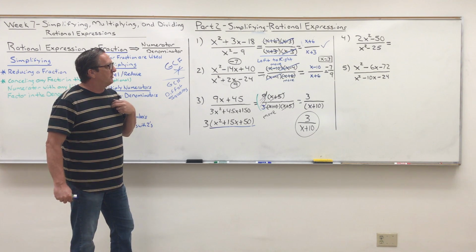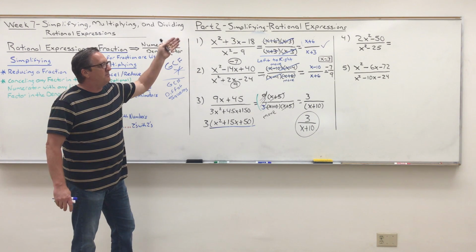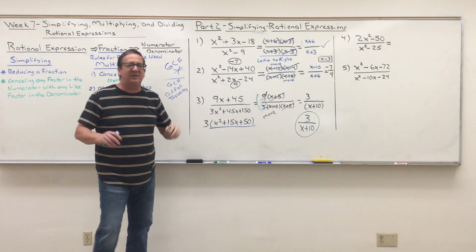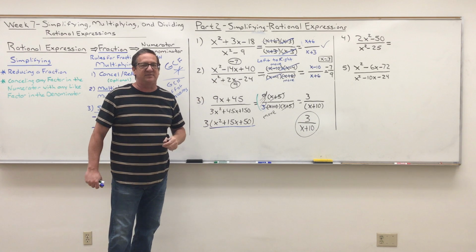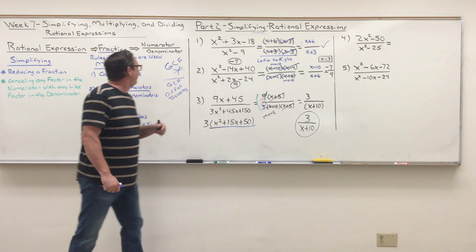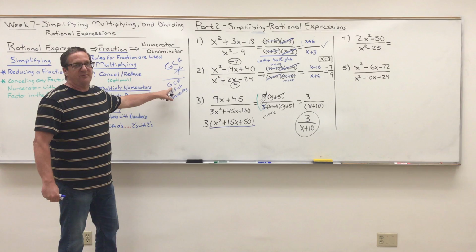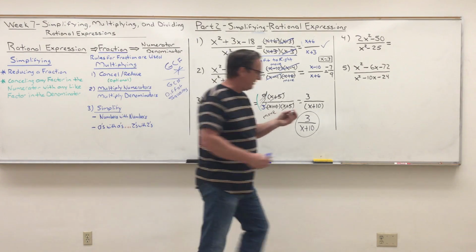Looking at problem 4, I have binomial on top and binomial on the bottom. It is 2 separate problems until I move to cancel. So, problem 4, GCF. I have a 2 in there.